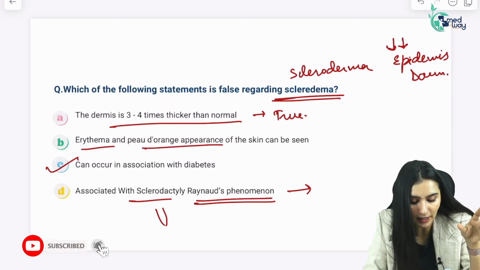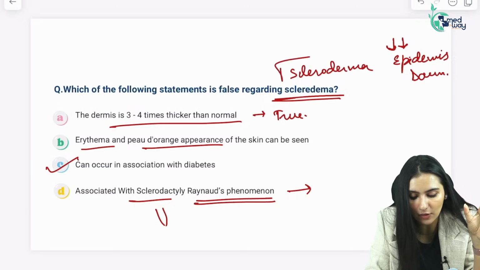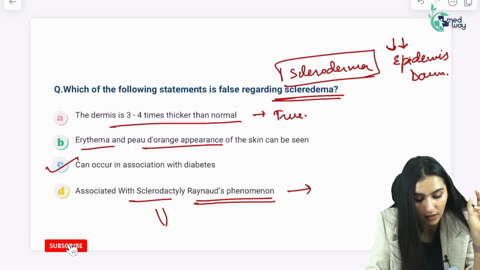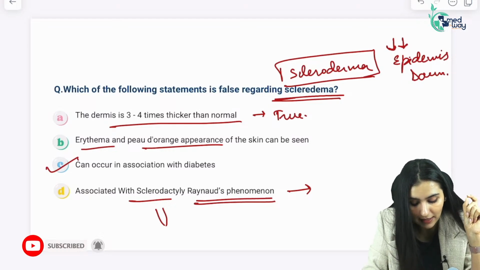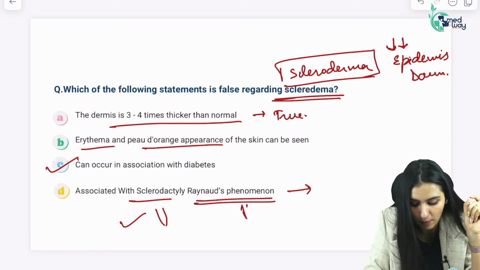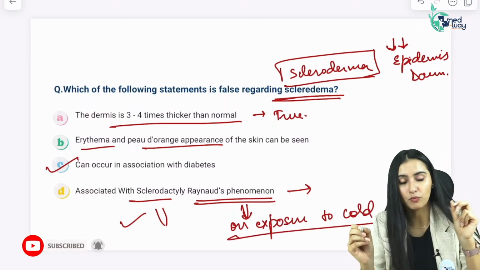This question actually is not a very correctly formed question, but if I am telling you scleroderma, you try to understand what can be there. The dermis is definitely thick, this is true. Sclerodactyly is a feature, Raynaud's phenomena is a feature on exposure to cold. The epidermis gets pulled down.